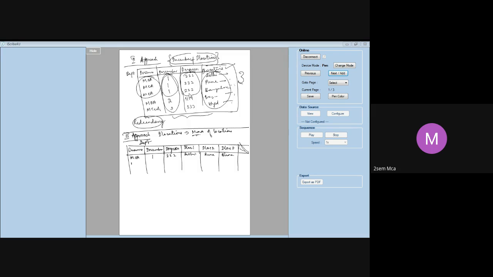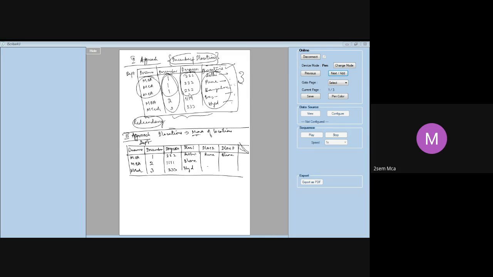Next, MBA. Department number is 2. MGR SSN is 111. What is the location? Location is Bangalore. That's all. You don't have L2 and L3. Next, you have MTech. So here, 3, and this is also 333. You have Hyderabad. You don't have this and this, right? This is the third approach.